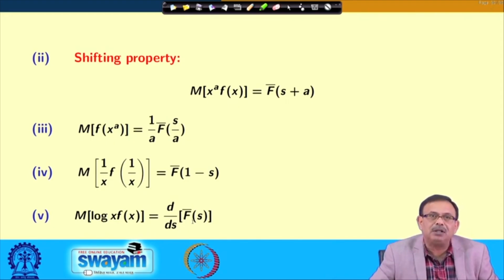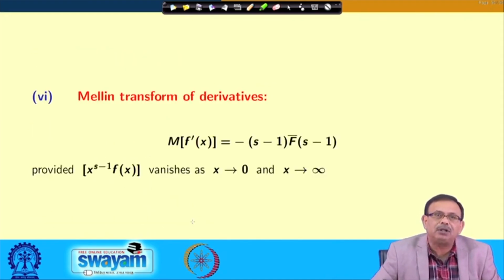The next property is on the Mellin transform of derivatives. We know the Mellin transform of f(x) is capital F bar s.